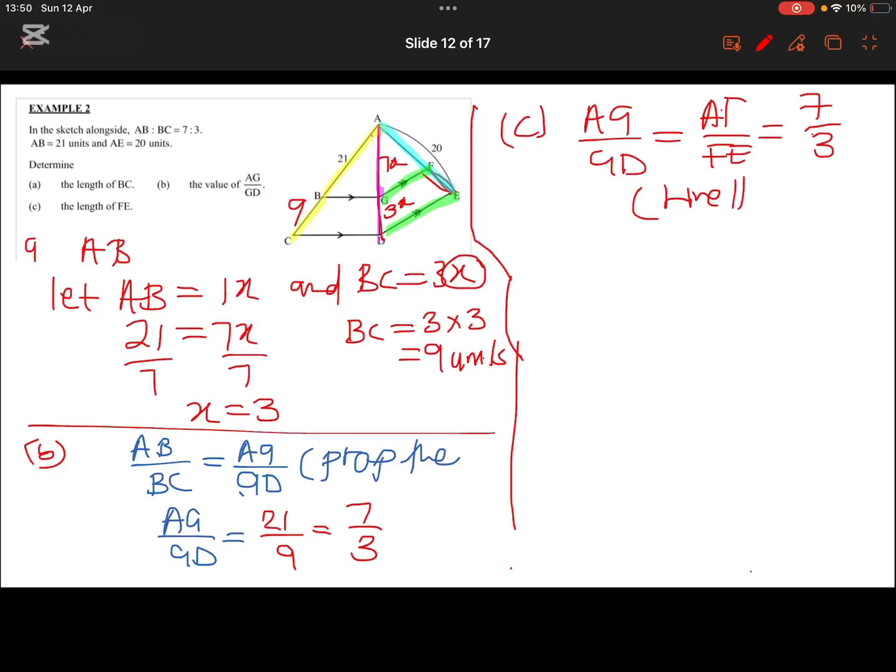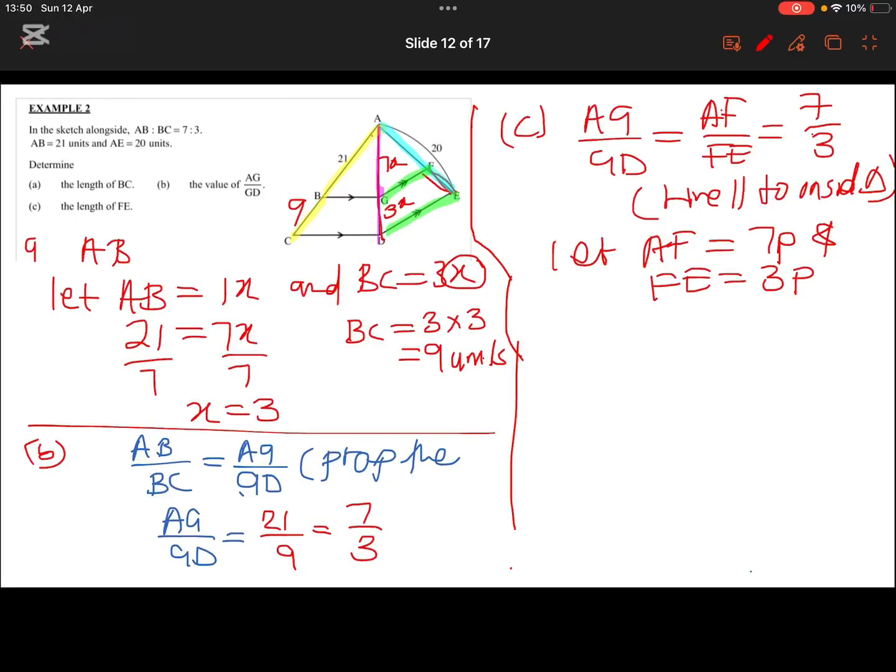Why? Because of the line parallel to one side of the triangle, the proportionality theorem. So in that case, we can let AF be equal to 7P and FE be equal to 3P.